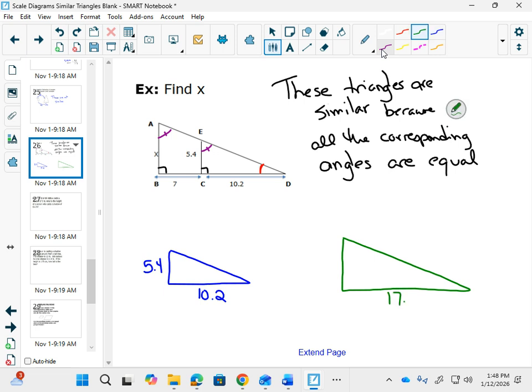This is a big thing for you to see. Do you see why it's 17.2? Because it's the 10.2 plus the 7. And then the height is where the x is. True. Should that x be bigger or smaller than the 5.4?